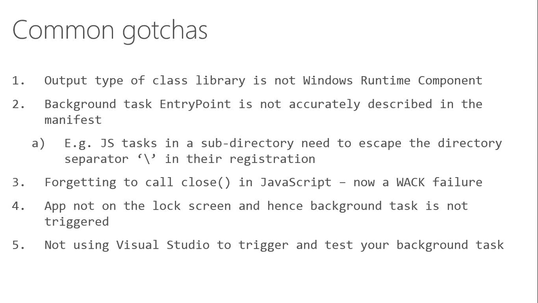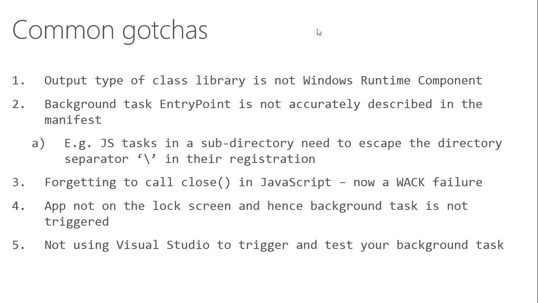And like I told you, not using the battery power unnecessarily is the whole reason why background tasks are there, and why suspend and resume are there. So it's always good to put a close at the end of your background task in JavaScript. This, by the way, is a WACK test failure in 8.1. So make sure when you're writing your background task, you do not forget to mention the close at the end.